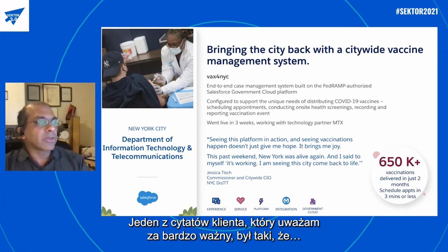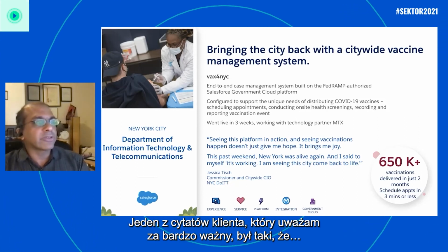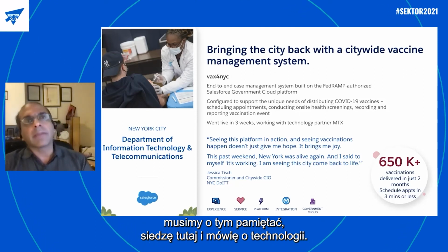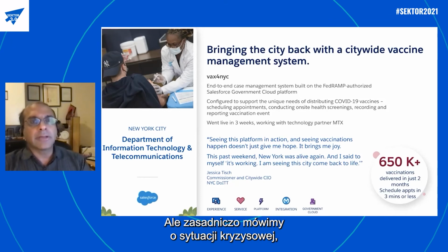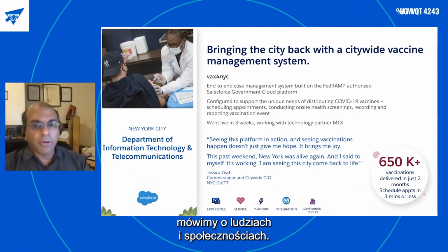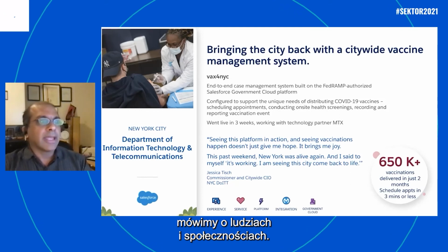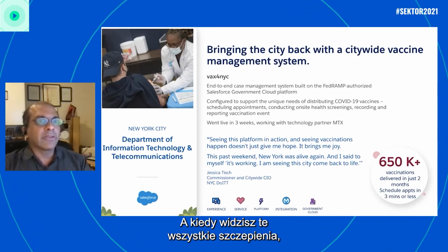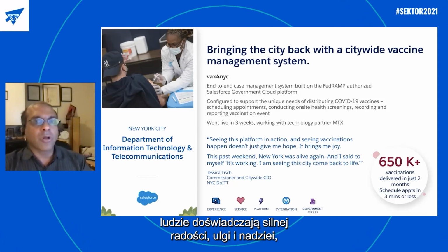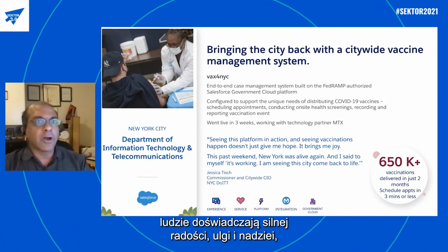And one of the quotes from the customer here that I thought was really important was that we have to remember, I'm sitting here talking about technology, but we're fundamentally talking about a human emergency. We're talking about people and communities. And when you see all this vaccination happen, people have very strong reactions of joy and of relief and of hope.